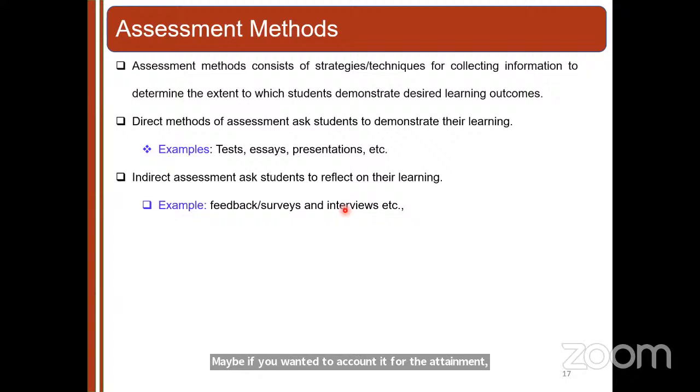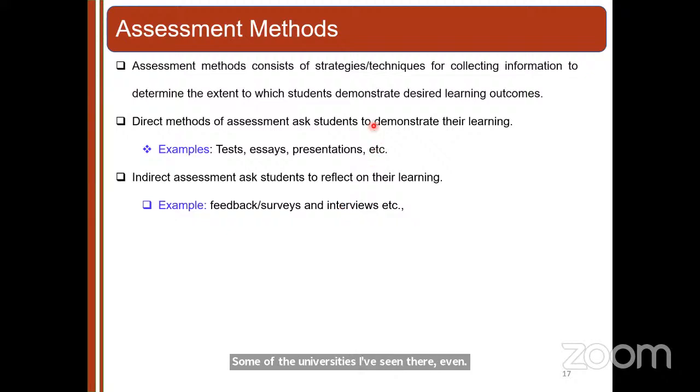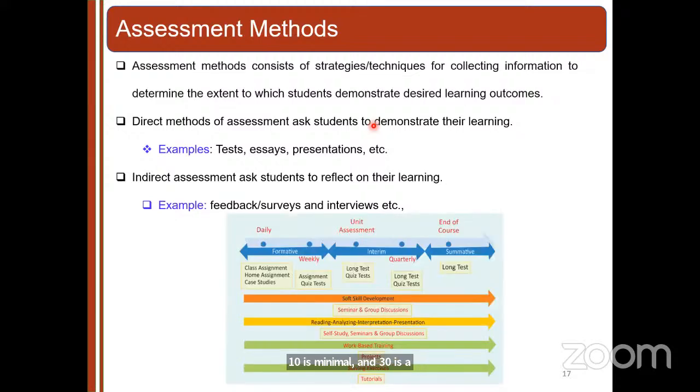But if you want to refine your teaching learning processes, you can take it twice a year and assign a minimum of 10 to 20% weightage. Some of the universities I've seen are even giving 30% weightage to the indirect assessment procedures. So around 10 to 30, 20 is ideal, 10 is minimal, and 30 is a little too huge.